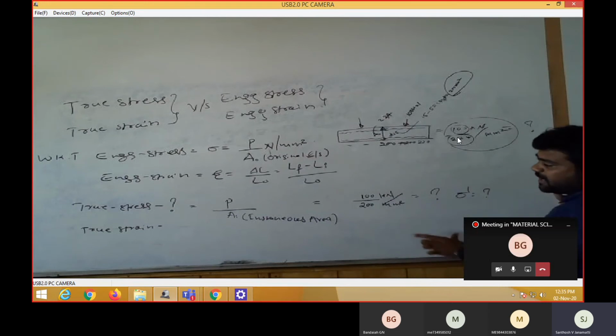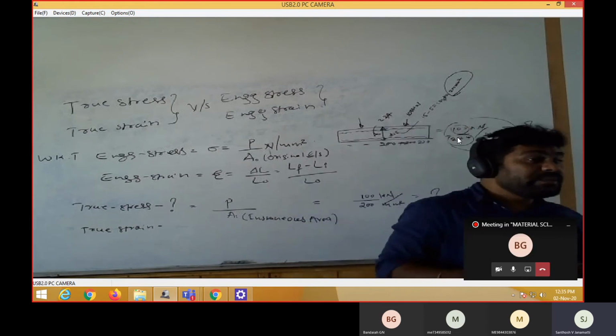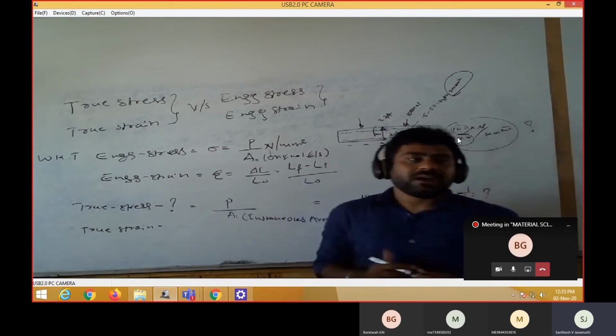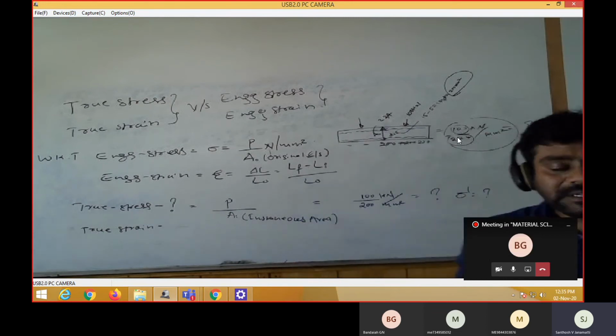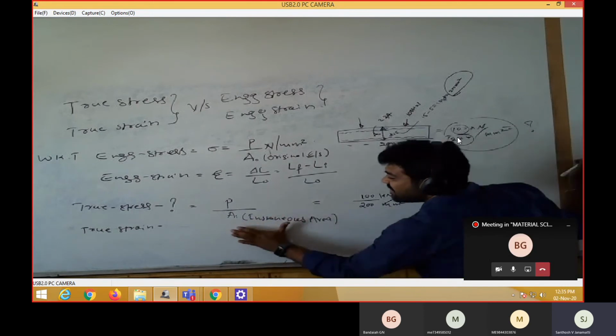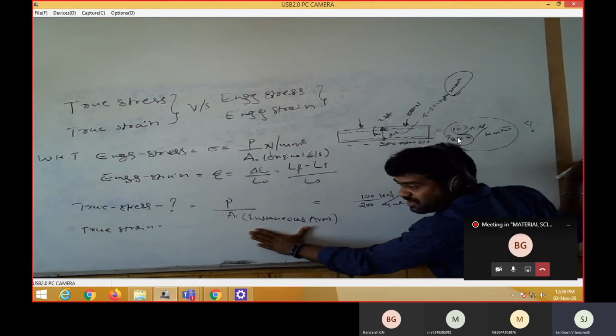Both are very important, especially true stress, because it is experimental, not theoretical. Practically and experimentally, we can talk about the stress value of that particular sample. In that sense, we need to take the instantaneous method, or the instantaneous stress.